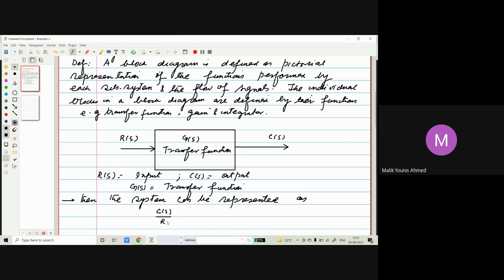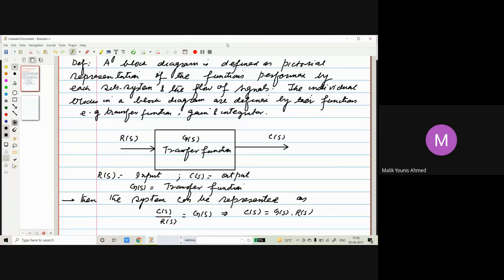We have seen this: the Laplace transform is the transfer function. And then we can further write the output as G of S into R of S. So it's very clear.